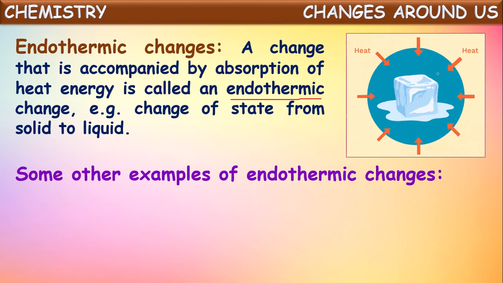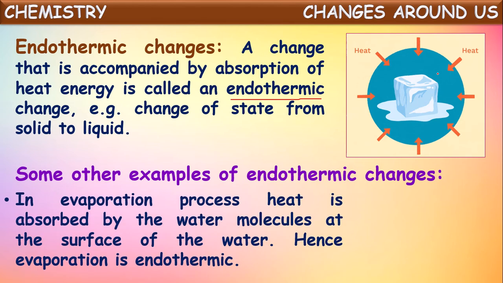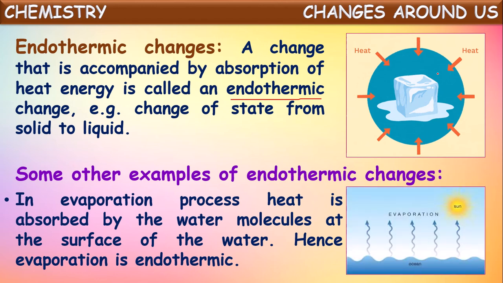Let us see some more examples for these endothermic changes. In the evaporation process, heat is absorbed by the water molecules at the surface of the water. Hence, evaporation is an endothermic change. So what is happening in the evaporation process? Water molecules present on the surface of water bodies like oceans absorb heat energy from the sunlight and convert into water vapor.